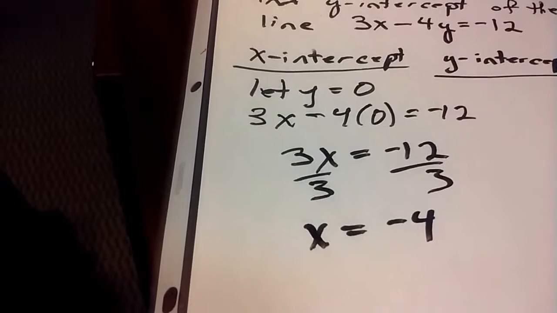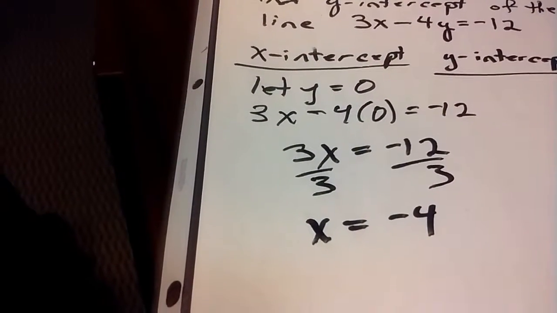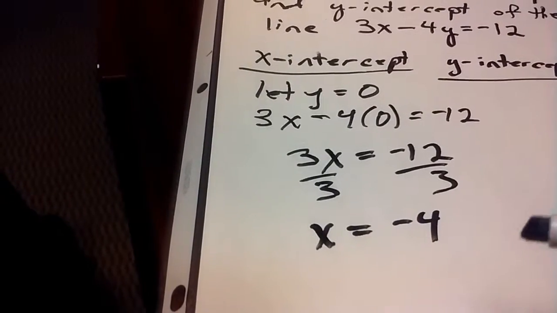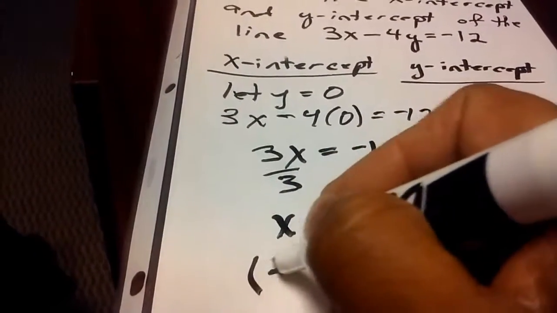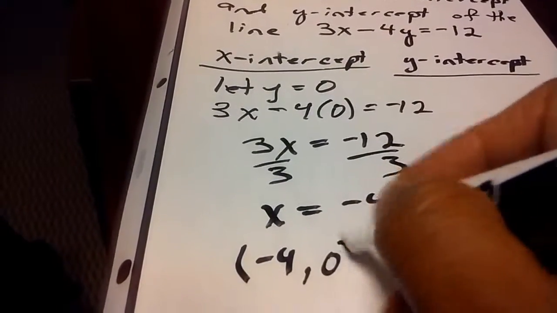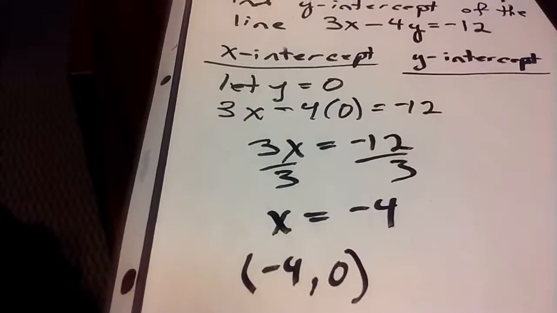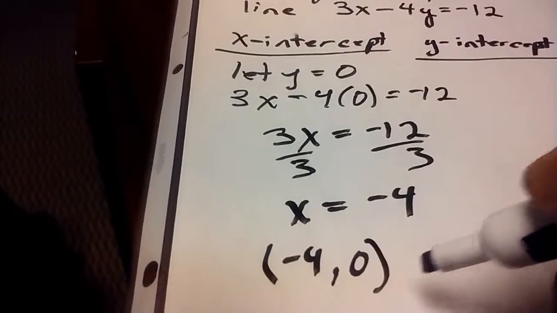That means in our ordered pair, because the x-intercept is where the line crosses the x-axis, this is going to cross at negative 4, comma 0. That's where our x-intercept is going to be.